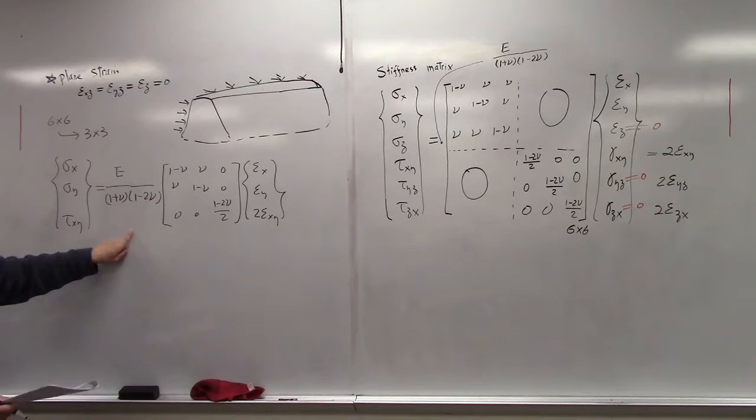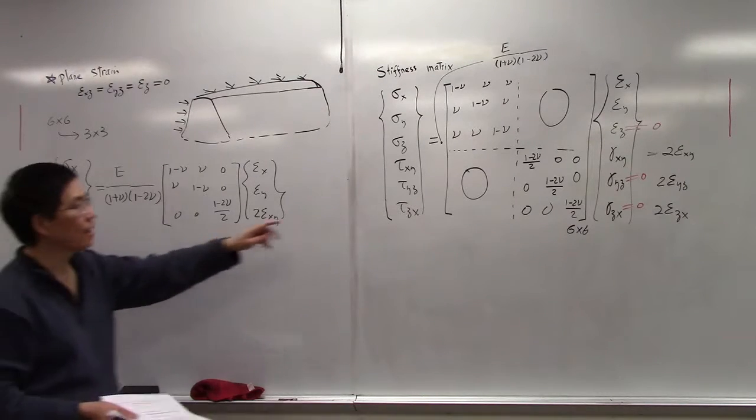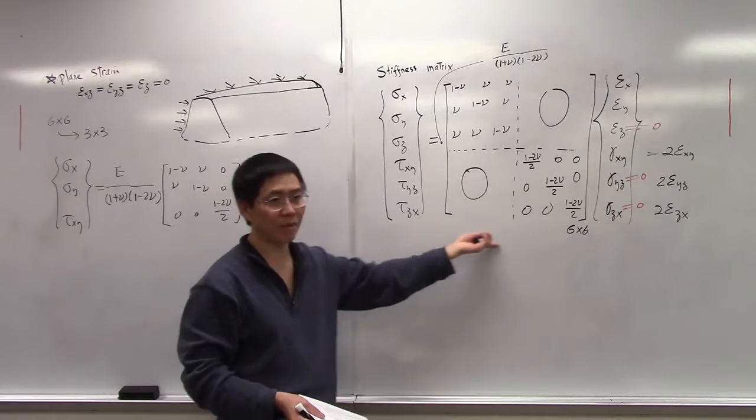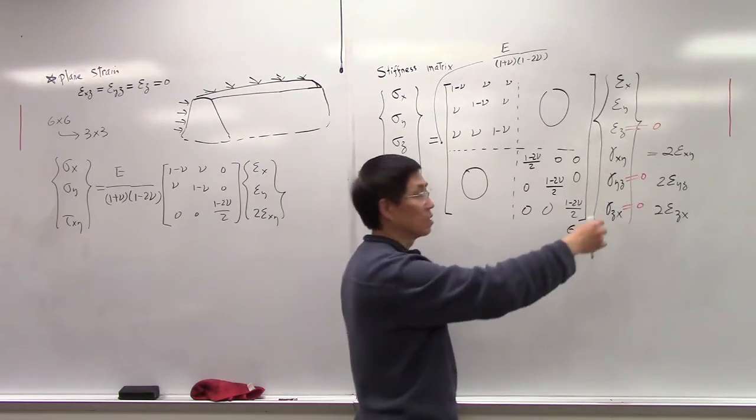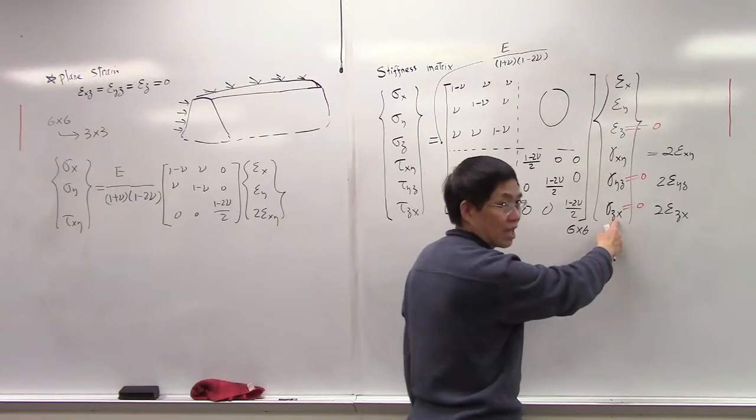This is in fact a submatrix of the 3D stiffness matrix. The reason we can take the submatrix is that these three numbers are 0 all the time.